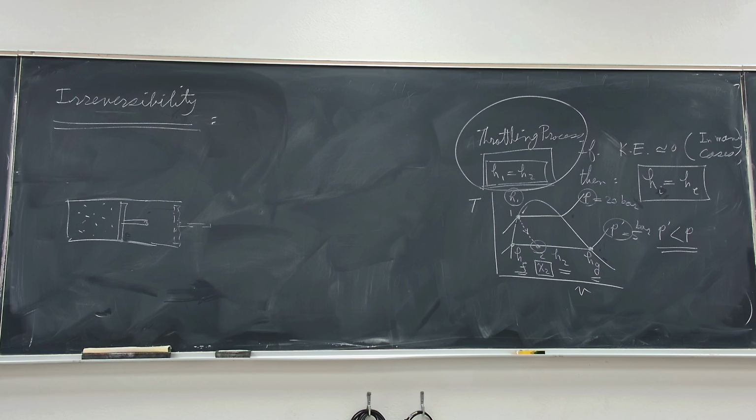A spontaneous chemical reaction, as I mentioned, a spontaneous mixing of matter at different compositions. Friction, another process. Friction is an irreversible process, right? Because you are losing energy. You are giving away energy from the system.